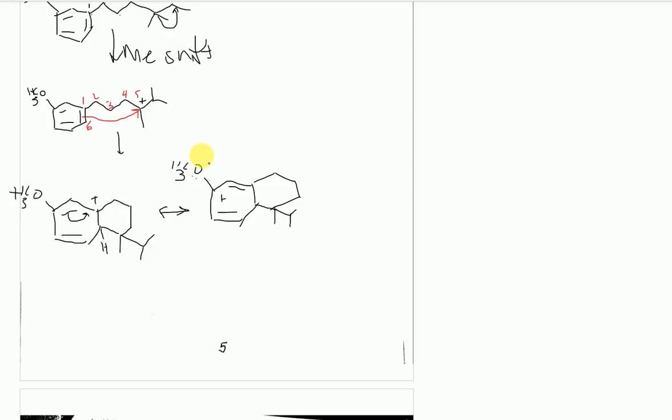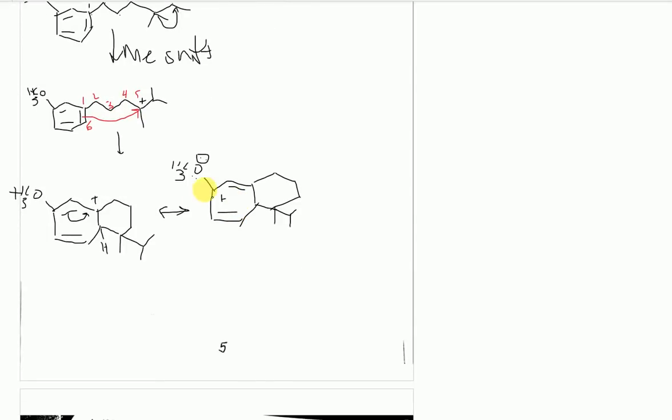So right here is the very important one. And I think it says and be sure to draw the most stable contributor, right? And so what you need to write, so this is going to come in here, and so what this is going to form, right? And make sure you're always showing your charges. Going to form that. I'm just going to stop drawing it like this. All right.